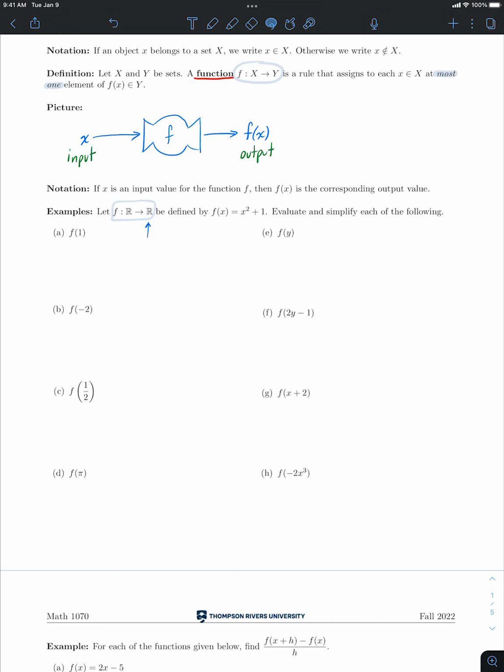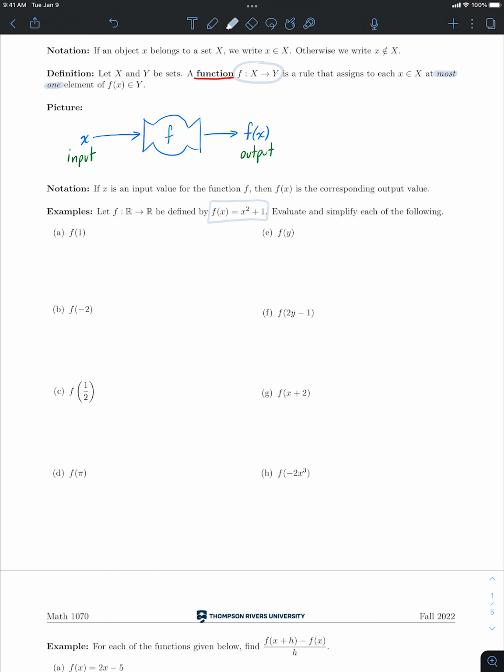Okay, so how does the function work? Well, if you just look at this line, that doesn't tell you everything, right? It just tells you what type of objects you can plug in and what type of objects you can expect to get back. But now if we look over here, this is the actual rule. Remember what we said, a function is a rule? This is the rule that tells you what the function does.